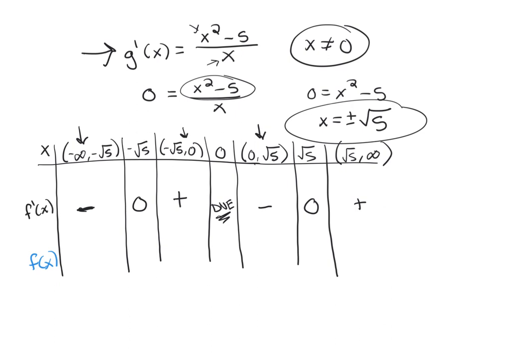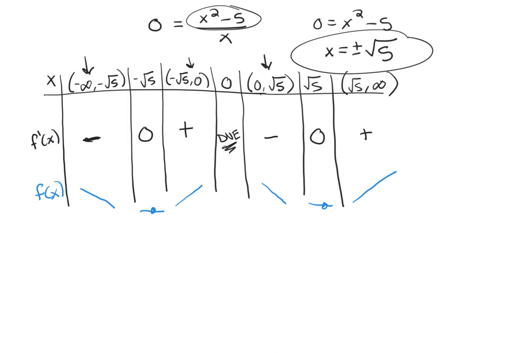Okay, so now let's sketch f of x using the sign chart of f prime of x. Here it would be decreasing, 0, increasing. Does not exist. Then I've got decreasing, 0, increasing. So I will have 2 minimum points and no maximum point.